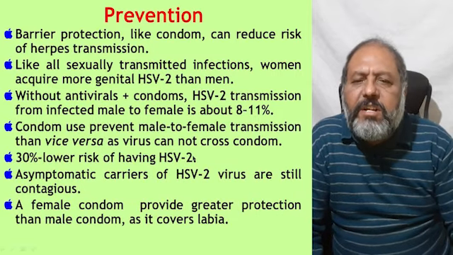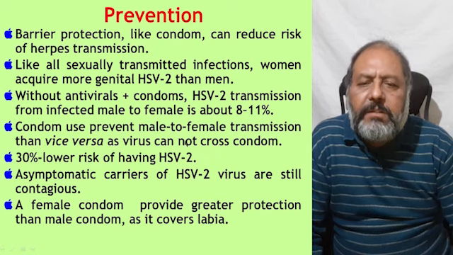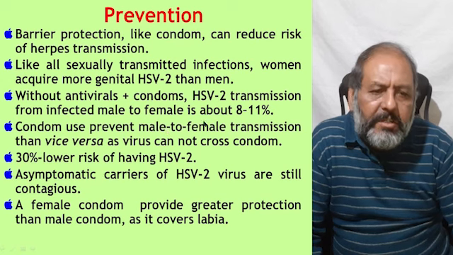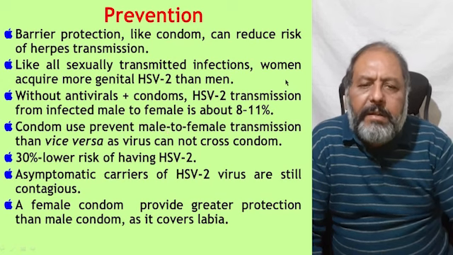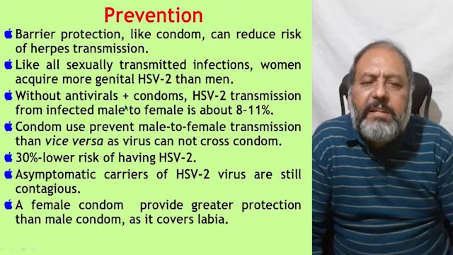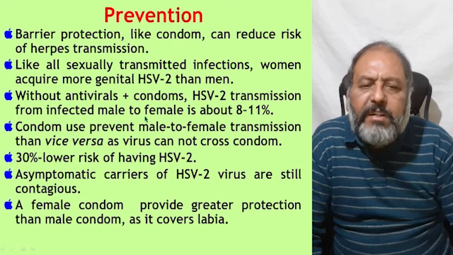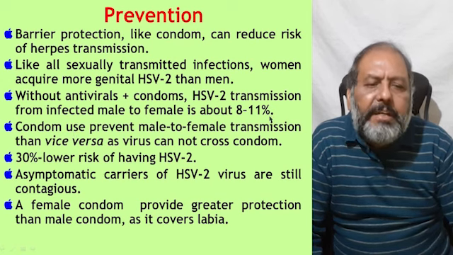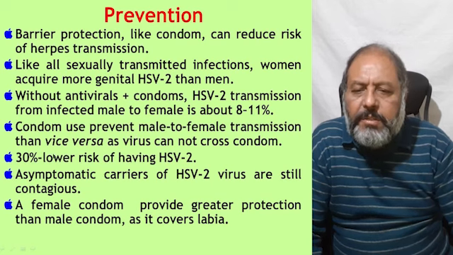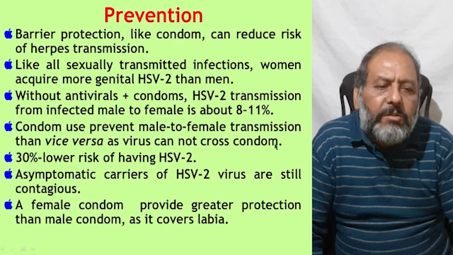Now, prevention: barrier protection like condoms can reduce the risk of herpes transmission. Like all sexually transmitted infections, women acquire genital HSV2 more easily than men without antivirals and condoms. HSV2 transmission from an infected male to a female is about 8 to 11%. Condom use prevents male to female transmission, and vice versa, as the virus cannot cross the condom.